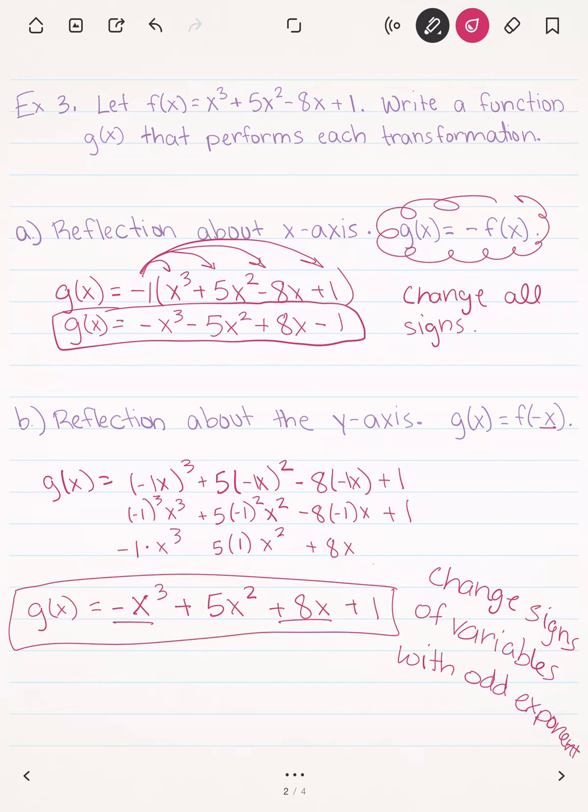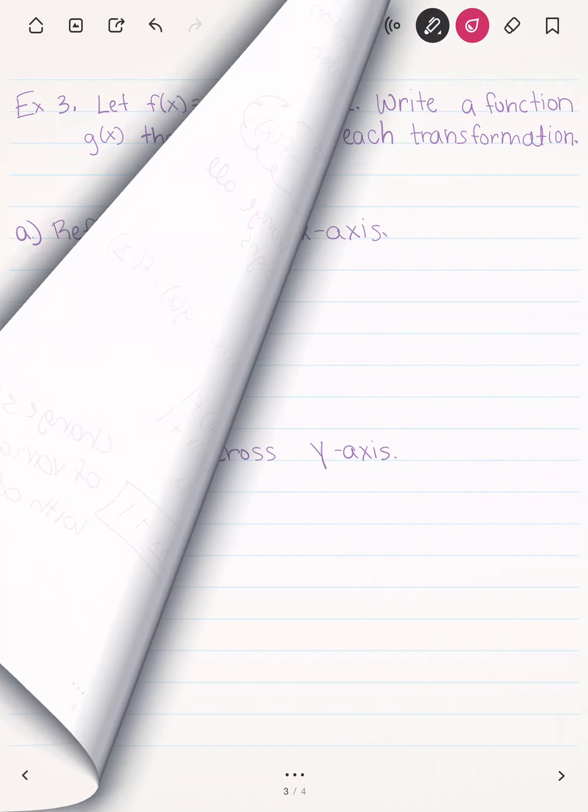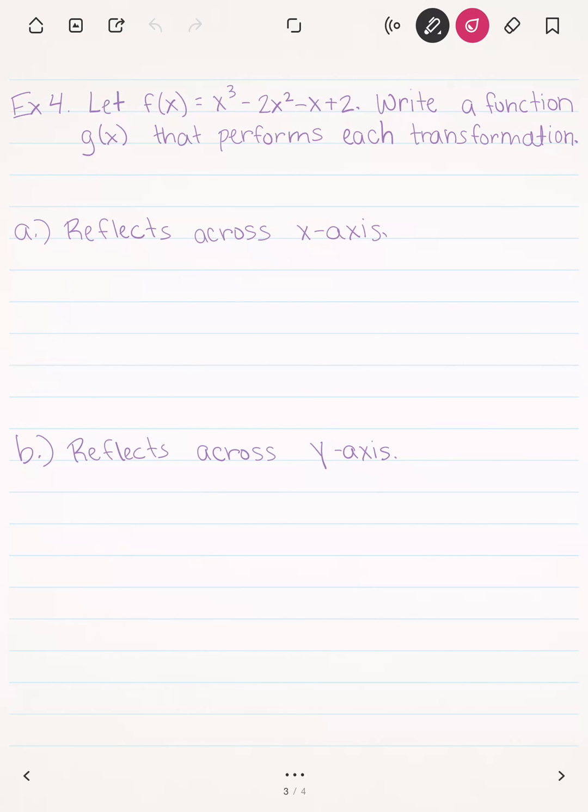We're going to try these again with a new equation, and we're just going to use the shortcut that we used.